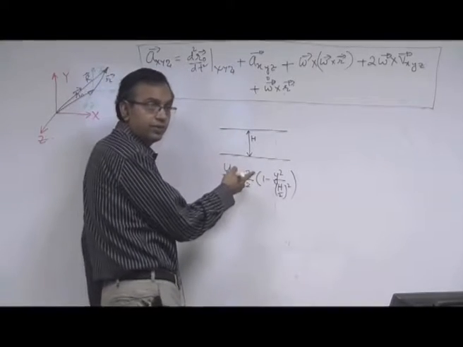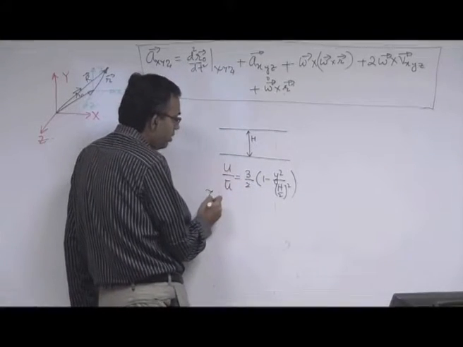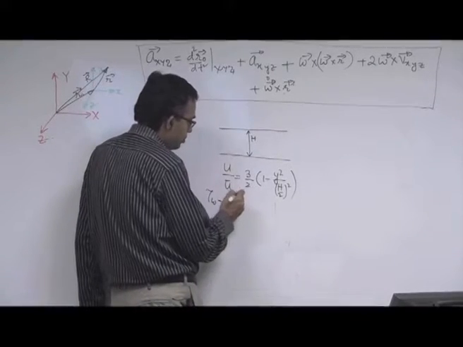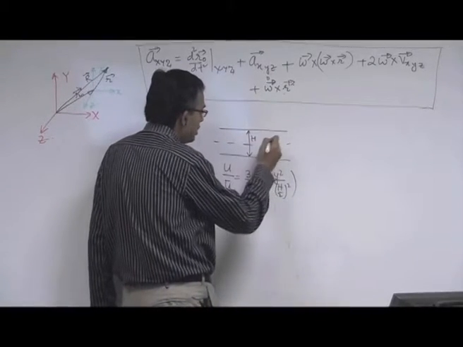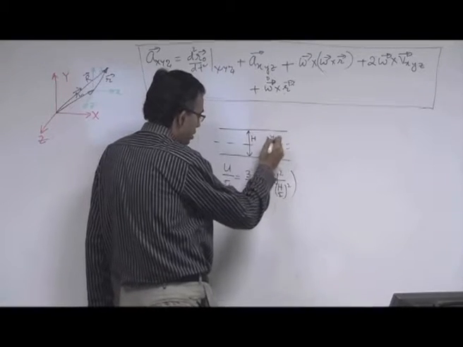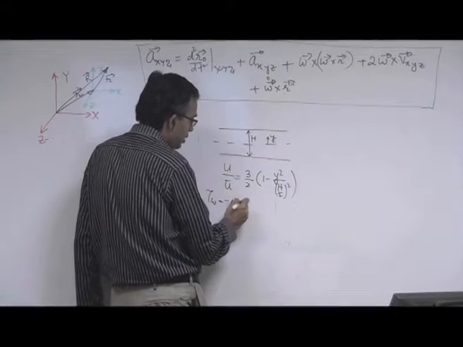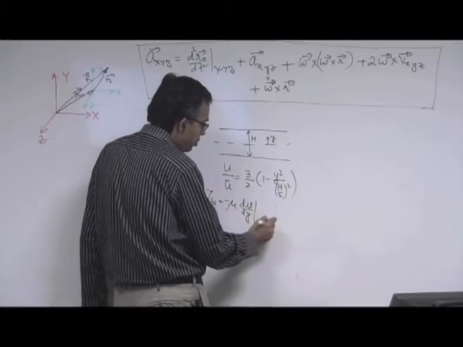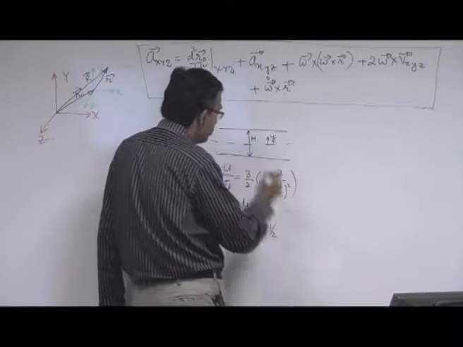This is fully developed flow. Tau wall is minus mu du dy at y is equal to h by 2, where this is y.